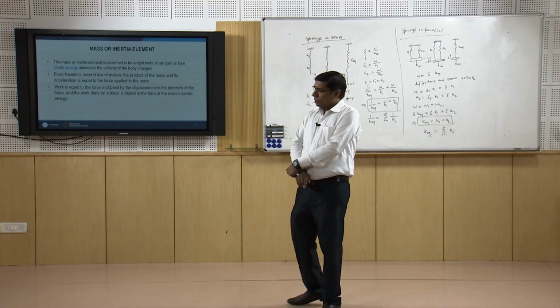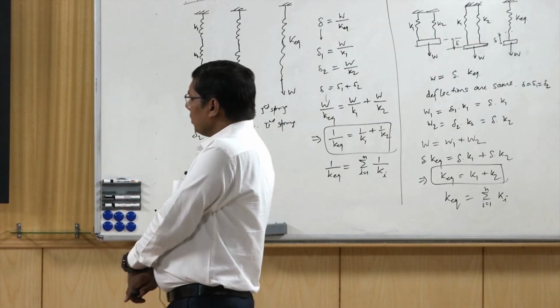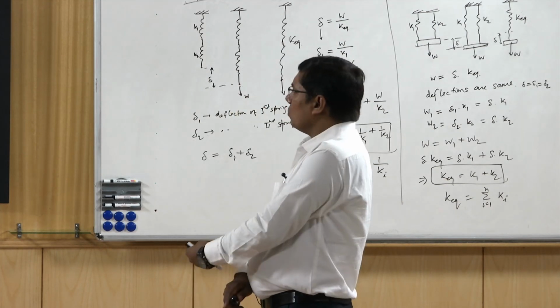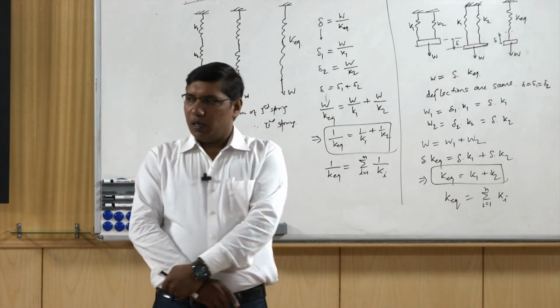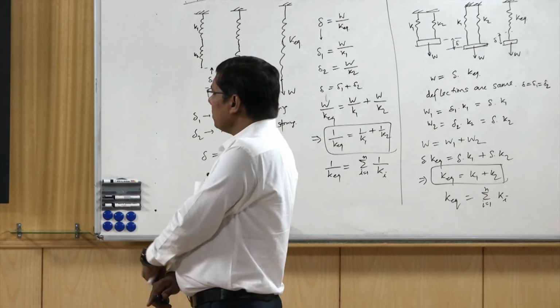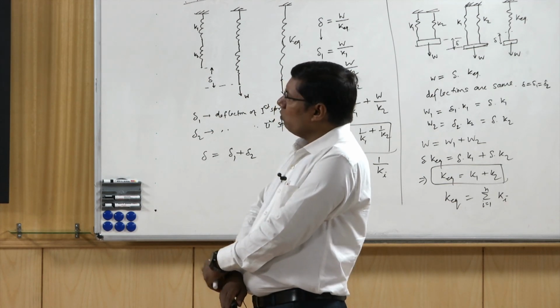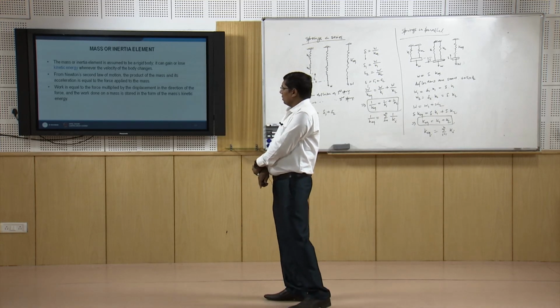Now, the third basic element is mass. Mass is an inertia element; it opposes the motion of the system, or it opposes coming to rest, or it opposes coming into motion. The system can gain or lose kinetic energy through this element.